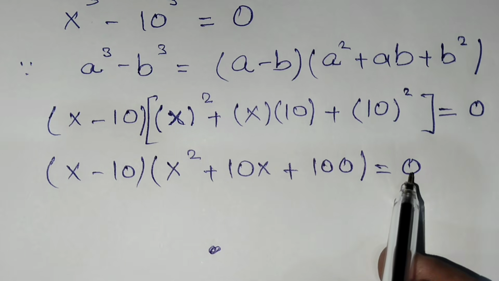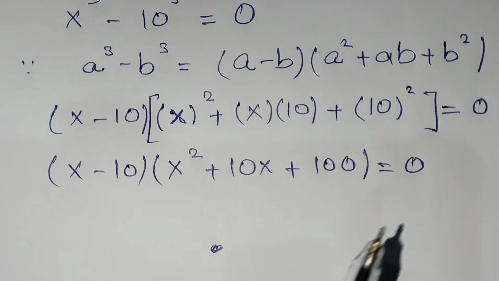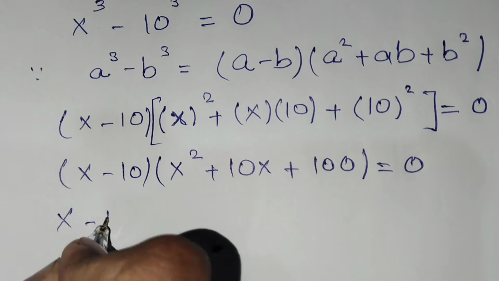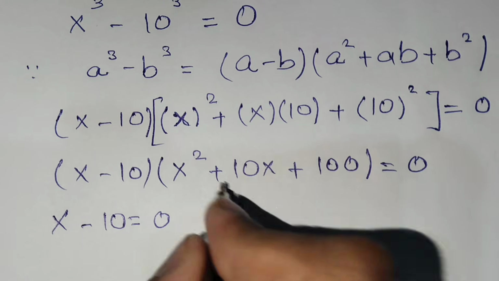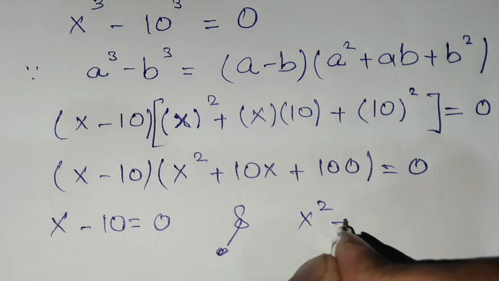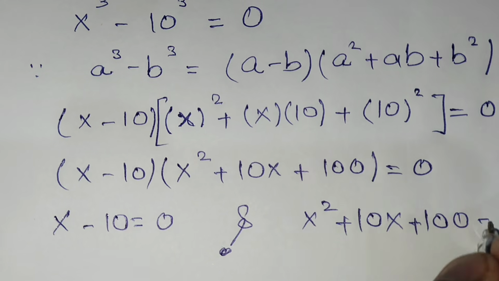Either this will be equal to 0 or this whole expression equal to 0. x minus 10 equal to 0, this is the first case, and x square plus 10x plus 100 is equal to 0.